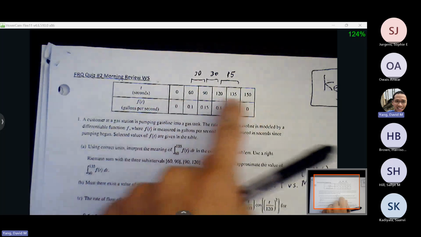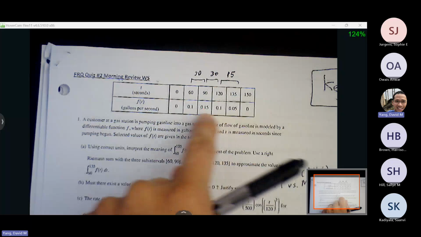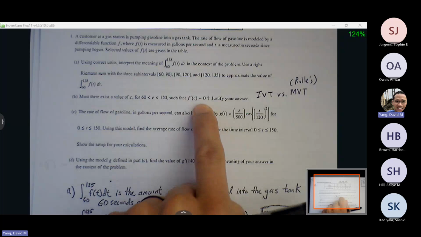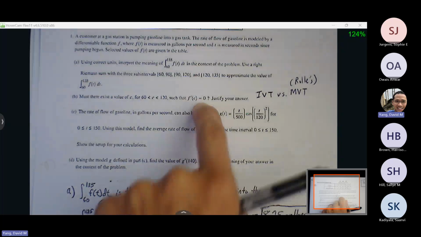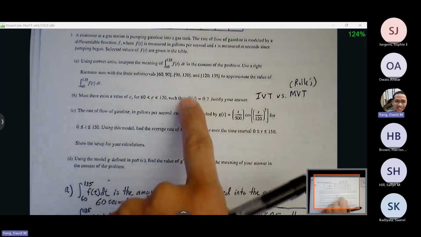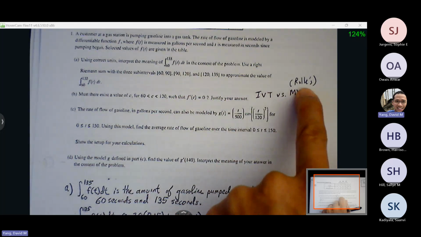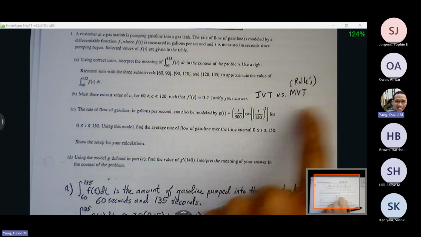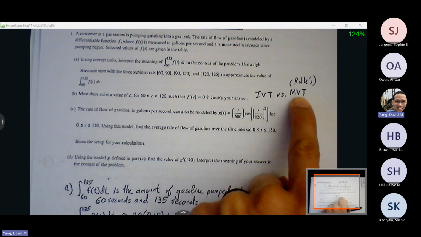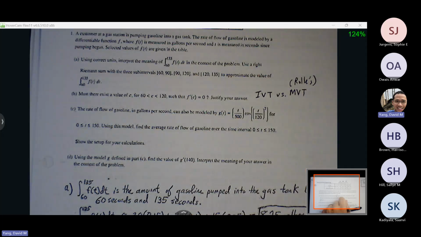So if I can somehow show that these ordered pairs at the F of t level produce a slope of 0, then I can guarantee there must be an F prime value of 0. We can call it the mean value theorem, but because we're looking for F prime of 0, we can also think of it as Rolle's theorem. They're interchangeable as long as you're looking for slope 0.